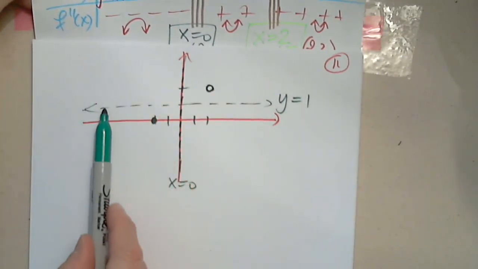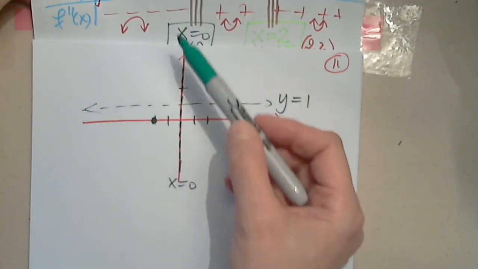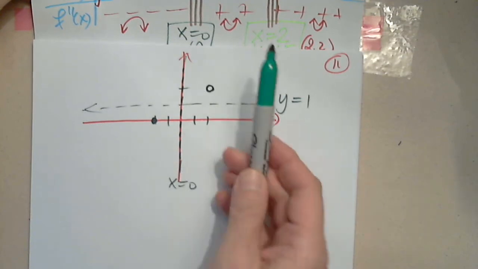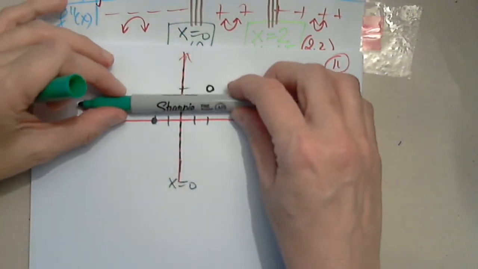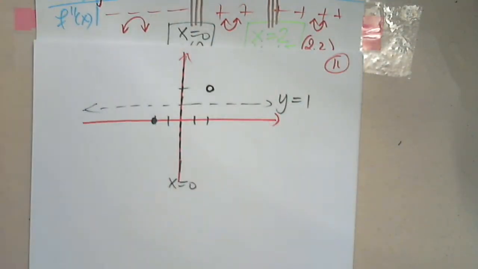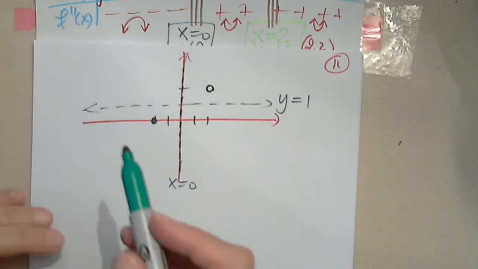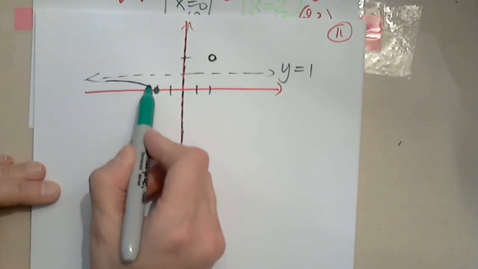From approaching 1, crossing at negative 2, 0, and approaching negative infinity, because a function can never cross a vertical asymptote. It can cross a horizontal, it can cross a slant, but it can never cross a vertical asymptote, to the left-hand side of the vertical asymptote. So here's the graph.